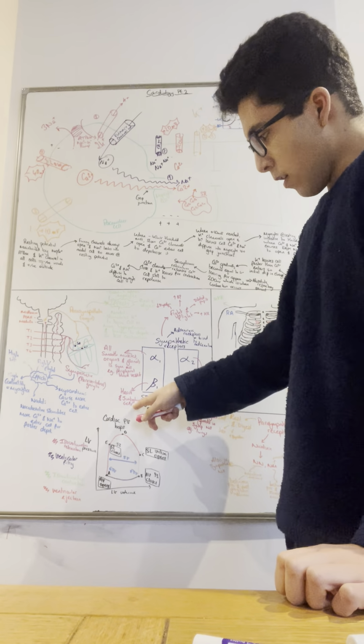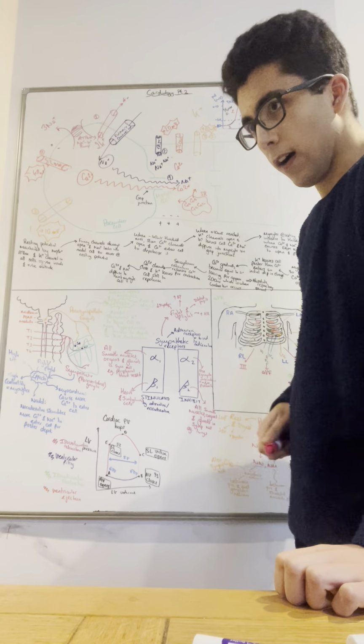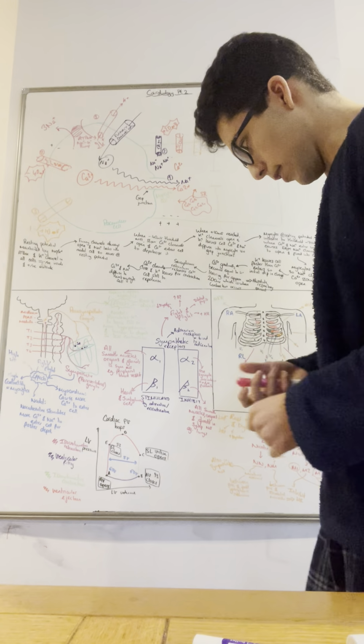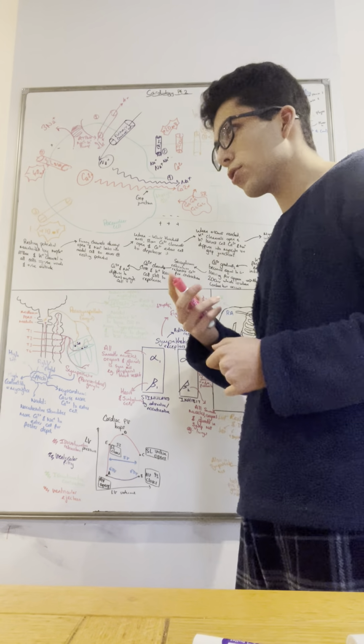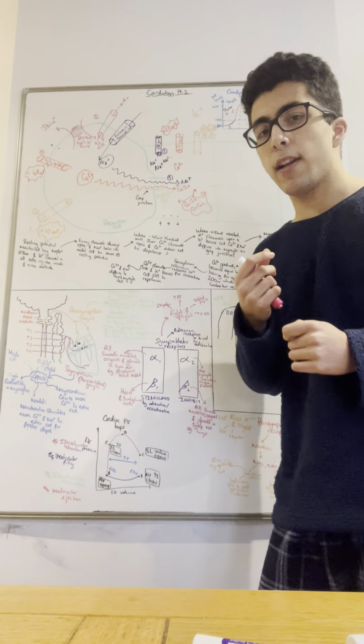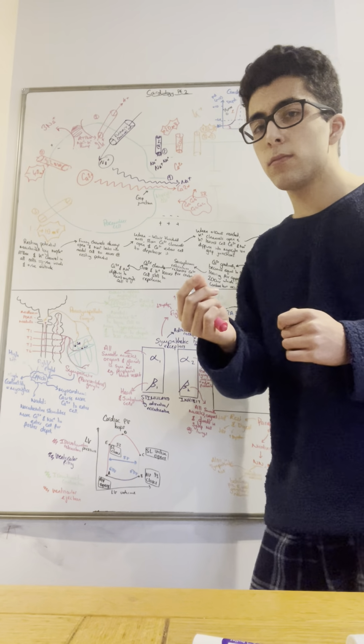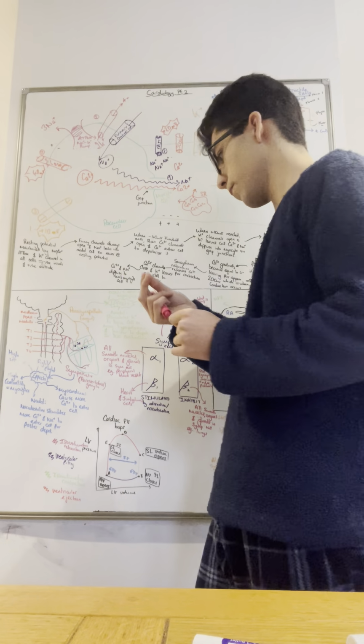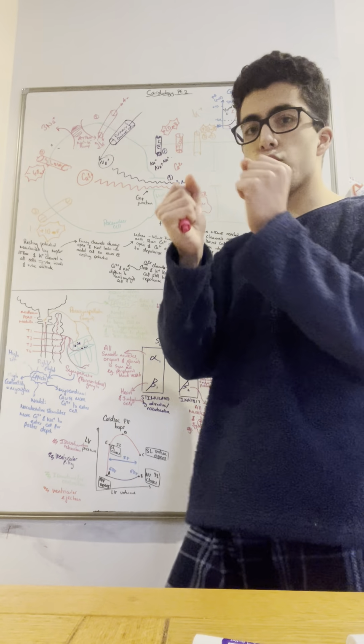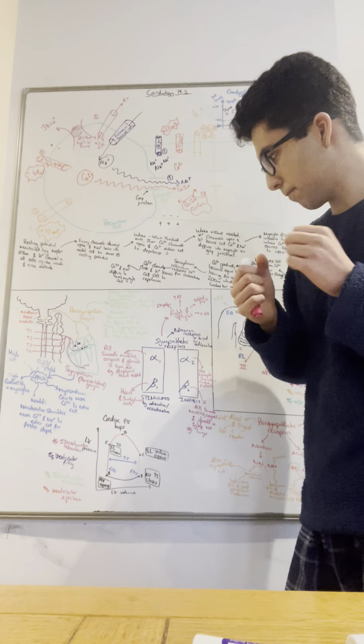Okay, but it's also going to be stimulated in our heart. So when I say stimulated, I mean sort of if noradrenaline binds to beta 1, it's going to stimulate it to do something. Okay, so that might be to contract. Okay.